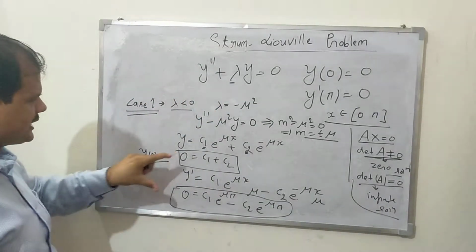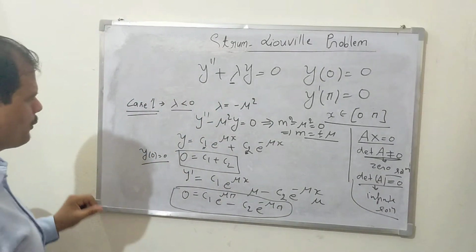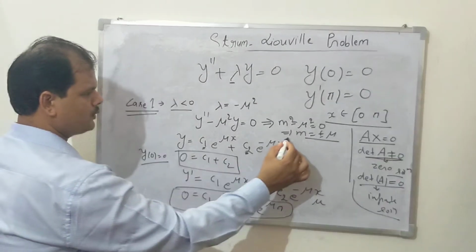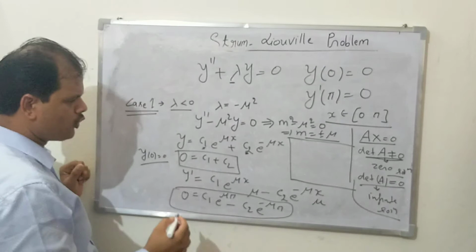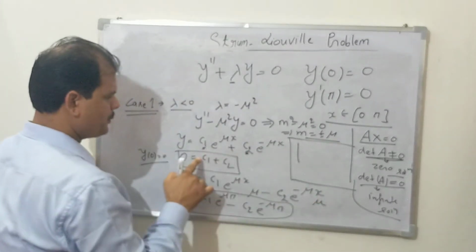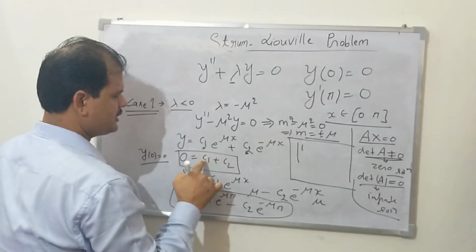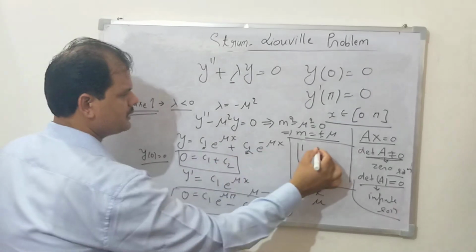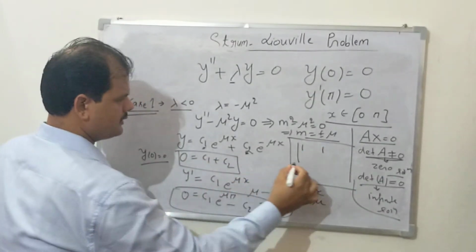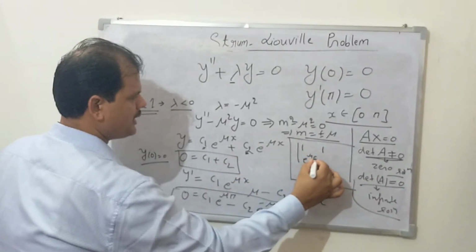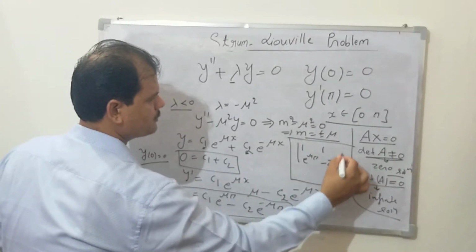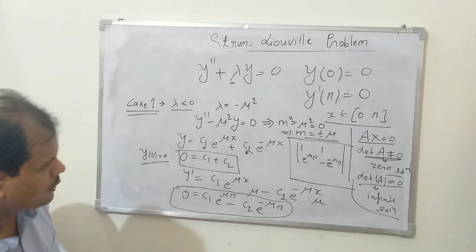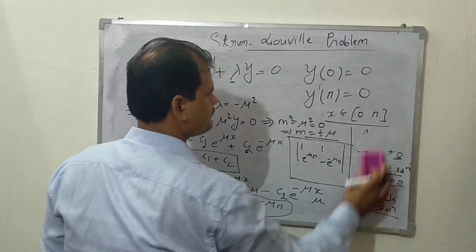So let us check the determinant of the coefficient matrix. The coefficient of C1 is 1, of C2 is 1, and in the second row e^(mu pi) and minus e^(-mu pi). This is the coefficient matrix.